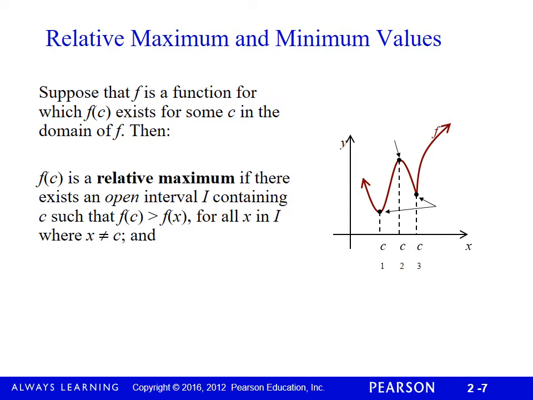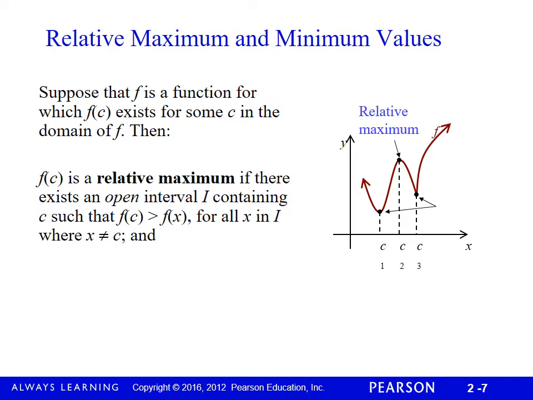We have a relative maximum at c2, okay? And it's just saying that in areas close to this f of c value, as long as f of c is greater than all those other f of x values nearby, then we have a relative maximum.